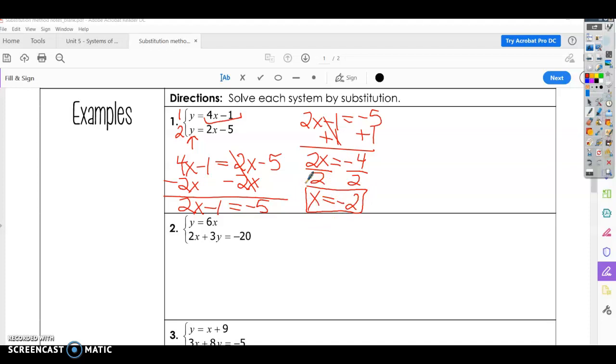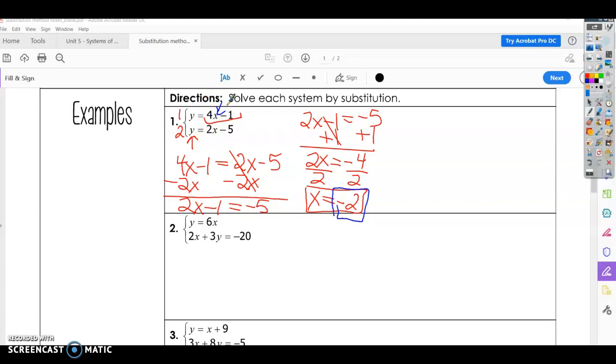Now we need to find y, because remember, when you're solving a system, it's an ordered pair that makes the system work. So we need to find the y value. How do we do that? Let's change colors here. We have x equals negative 2, and we can choose either equation. Let's go back to equation 1 since we were working with equation 2 here, and put in negative 2.